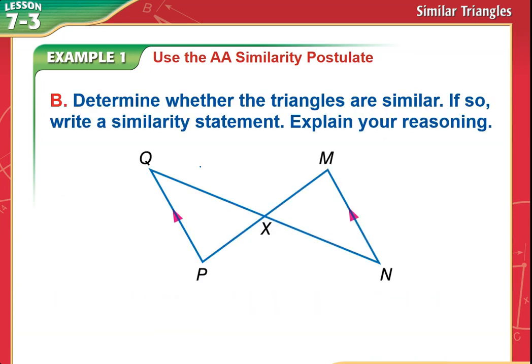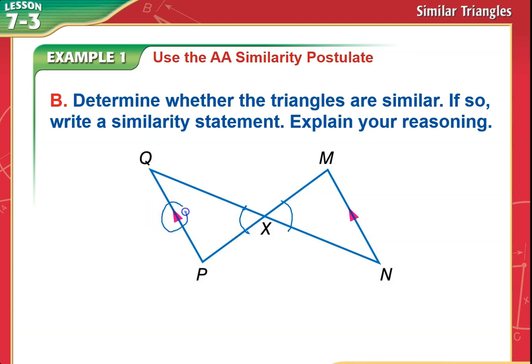Okay. Determine whether the triangles are similar. If so, write a similarity statement. We know that vertical angles are congruent. So this angle here in triangle QXP and this angle here in MXN are congruent because they're vertical angles. Now the question is, can we get at least one more angle inside these triangles that are congruent?